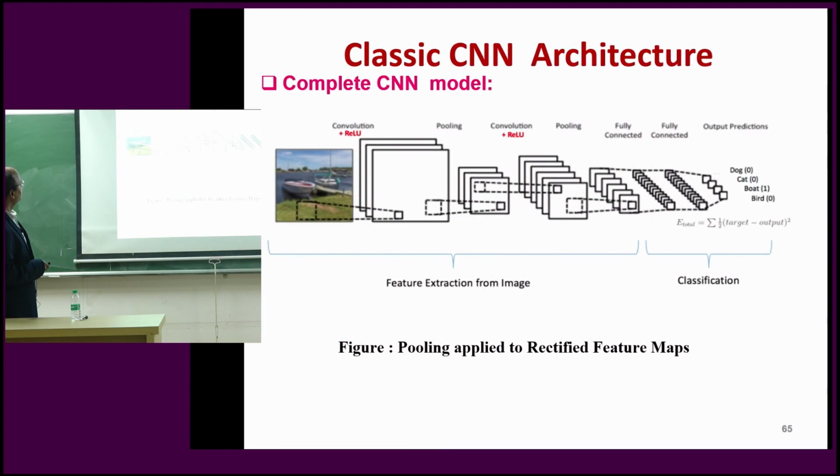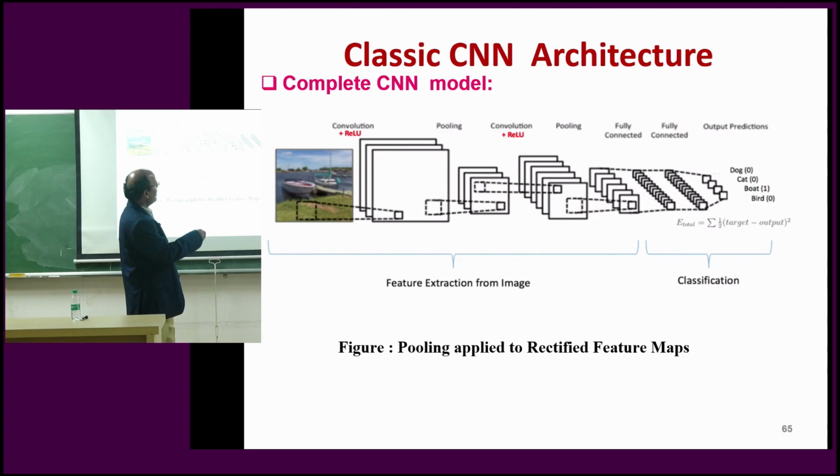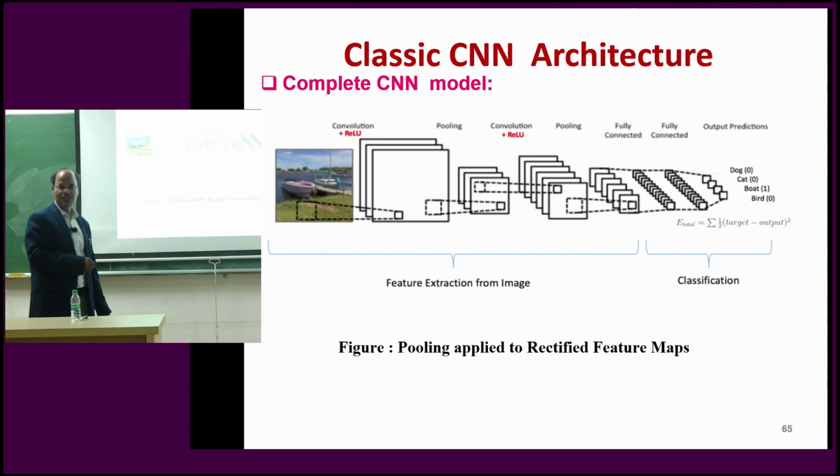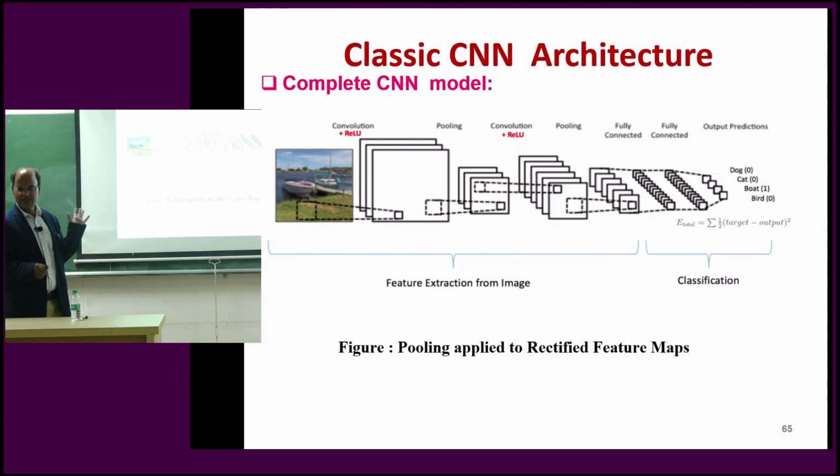Now look at this part. I hope that's clear. Input image, convolution plus ReLU, then pooling, convolution plus ReLU, pooling, fully connected layers, and output, right? 4 classes, dog, cat, boat, 0 and 1 like this, right? That makes sense, right?